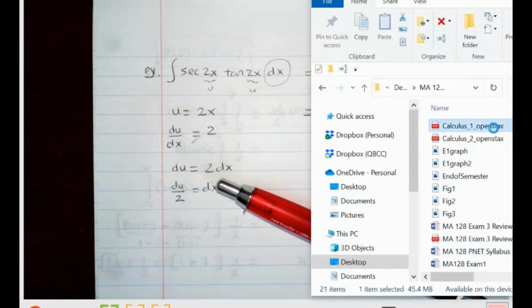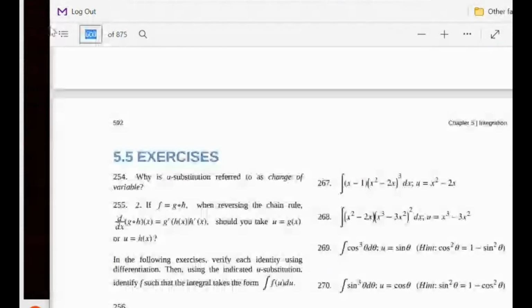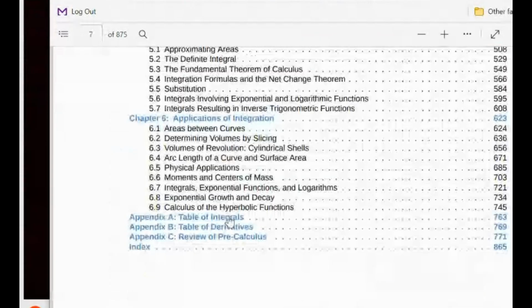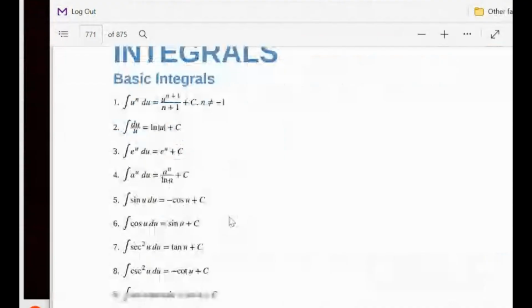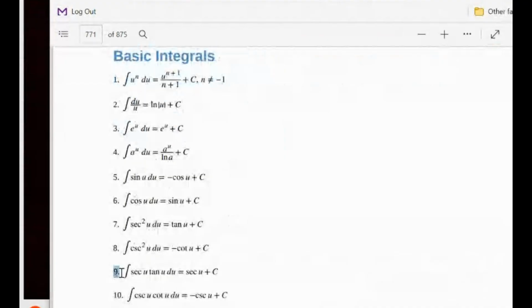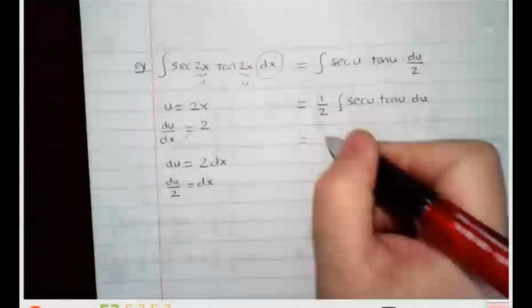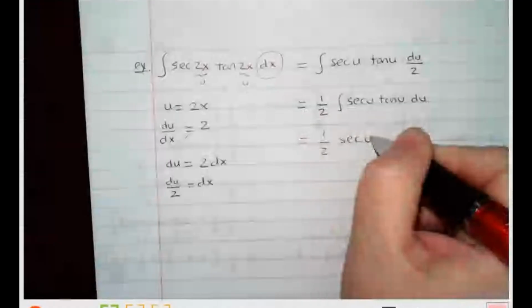If you just open the textbook, at the end you will see the table of integrals, table of derivatives. Let's go to the table of contents, and Appendix A is the table of integrals. So here, if you go down to 9, the integral of secant u tangent u is secant u. Okay. So this is 1 over 2 secant u plus c.